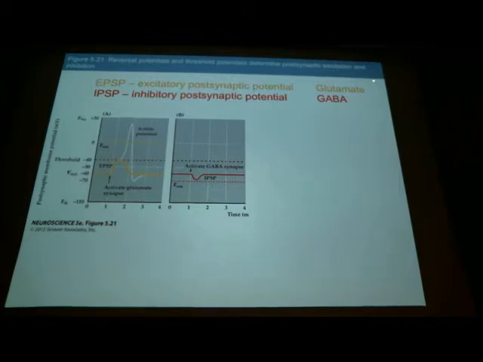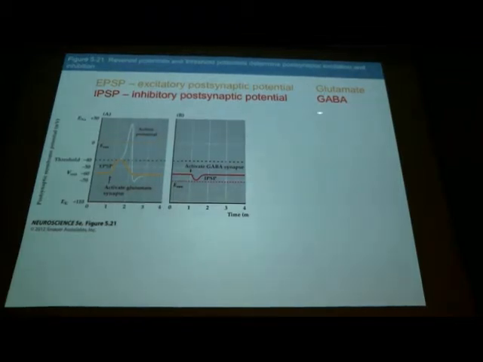The reason that this is excitatory is because glutamate as a neurotransmitter binds a ligand-gated receptor. We're going to get to this in a little bit, I just want to answer your question right off. It binds a particular receptor that has a reversal potential of 0. We're going to talk a lot more about this in the next couple of lectures, so don't worry too much about this.